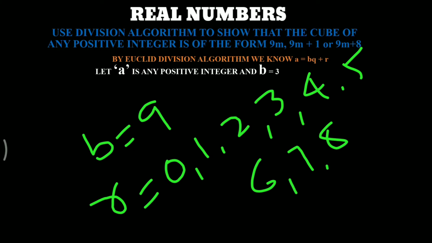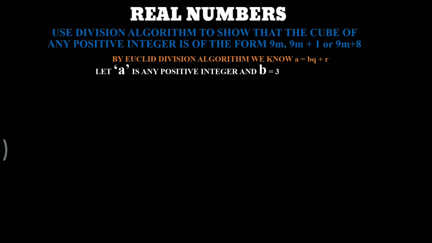So in order to reduce the number of steps, I am going to use one fact, that is all the factors of 3 are also factors of 9. So if any number is divided by 9, that number is obviously divisible by 3. That is the reason instead of taking the b value as 9, I am taking the b value as 3.